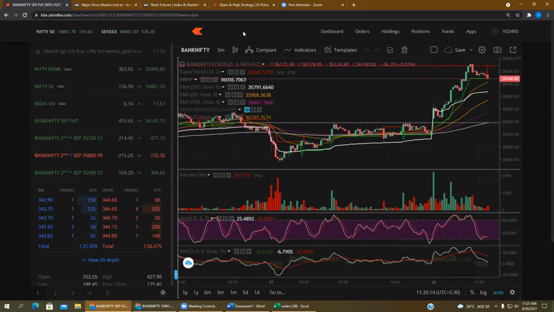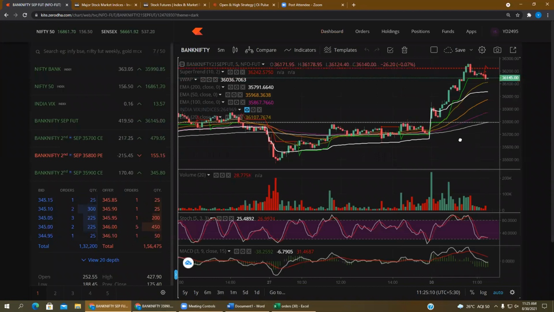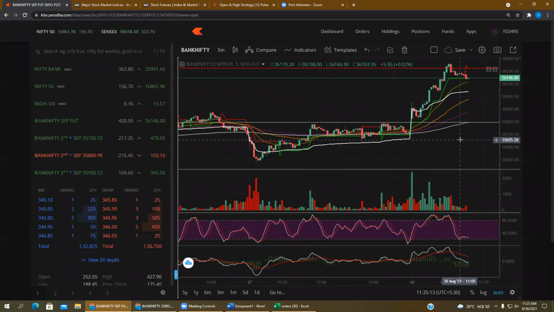I am happy with my 1 lakh target, and I'm going to keep it that way. My Twitter ID is Vijay S Thakare. Playing one lot is obviously very difficult. It's the most difficult thing in trading.